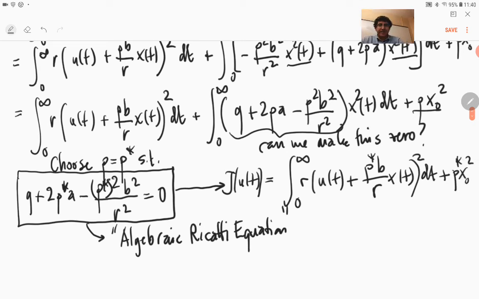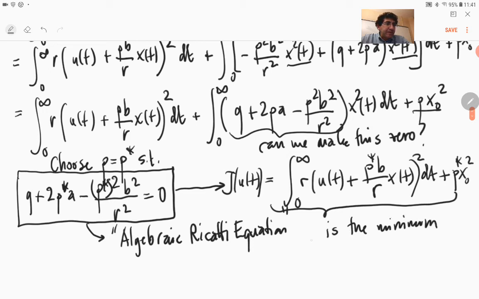Now this whole thing is the minimum cost possible if we can solve the algebraic Riccati equation under the p equals p star solution.